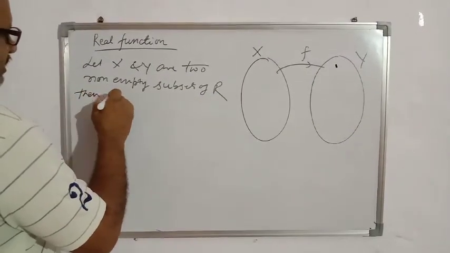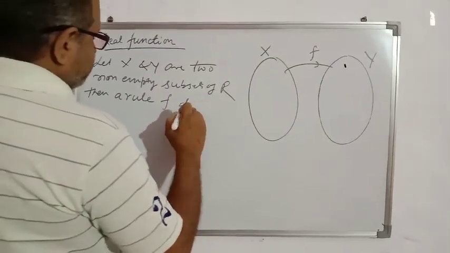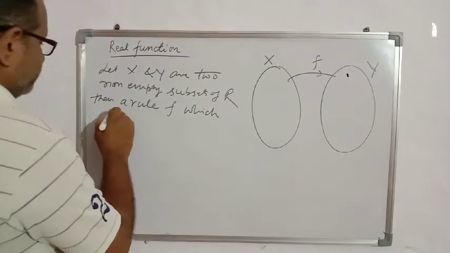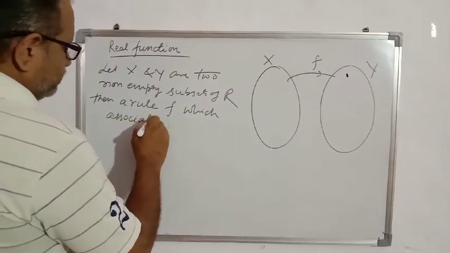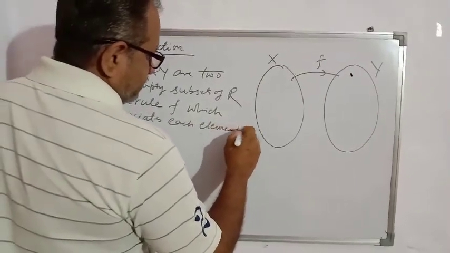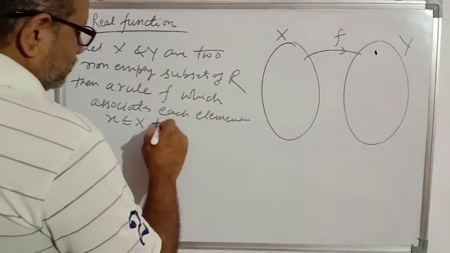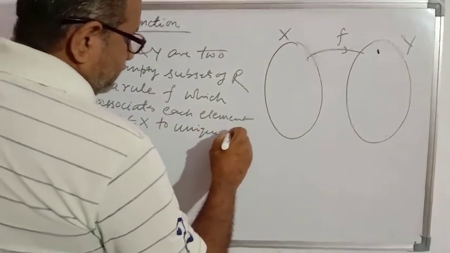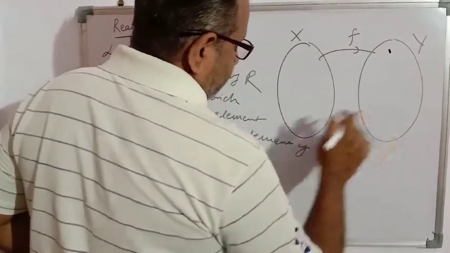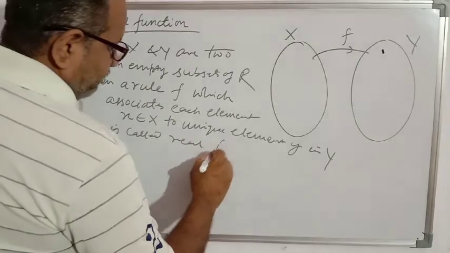Then a rule, that is a function f, which associates each element x of the set x to a unique element y in codomain y is called a real function.